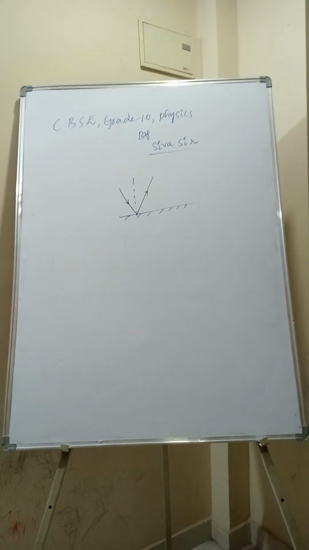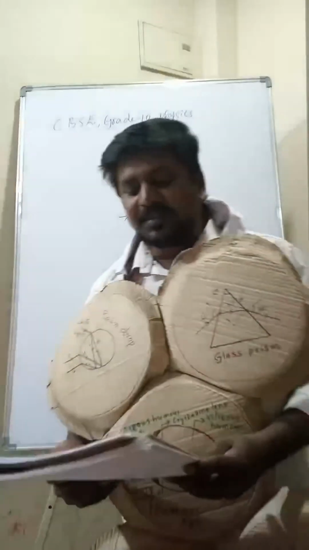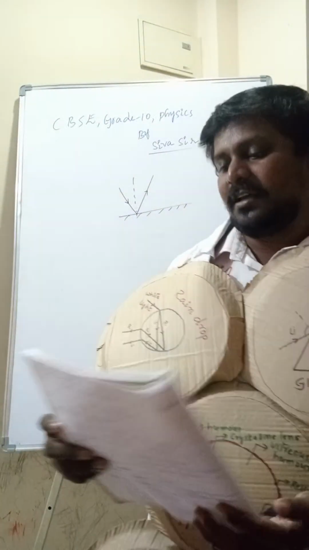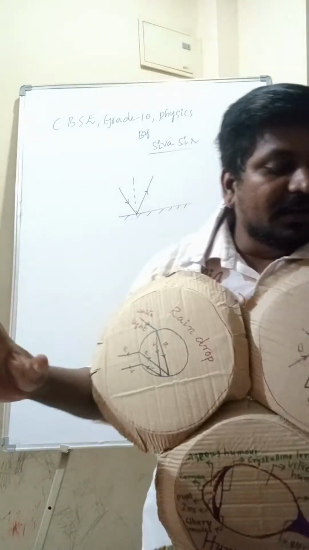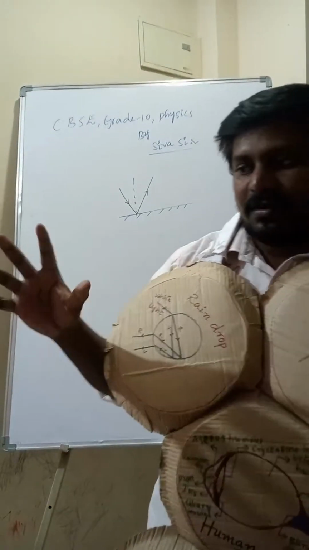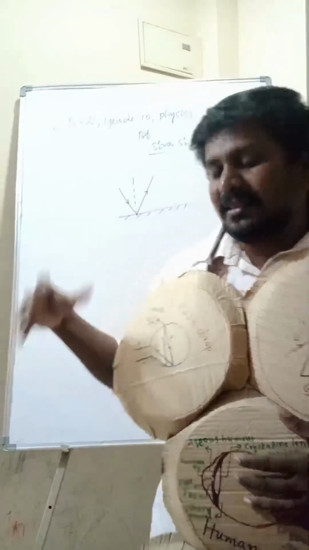Now the next definition. Types of reflection: regular reflection and irregular reflection. Regular reflection means when a beam is parallel, the reflected beam is also parallel.